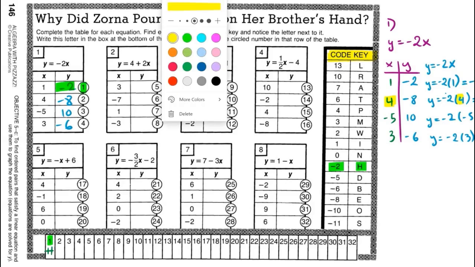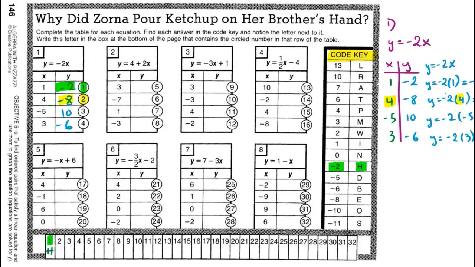Problem 2. The answer is negative 8. So we're going to find negative 8. The letter that goes with negative 8 is E, so we go back to the row and put E. Okay, number 3. The answer is 10, so we find 10 in the code key.